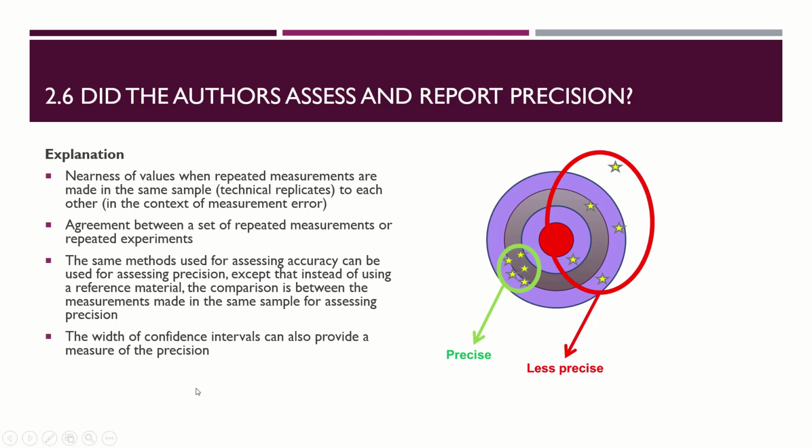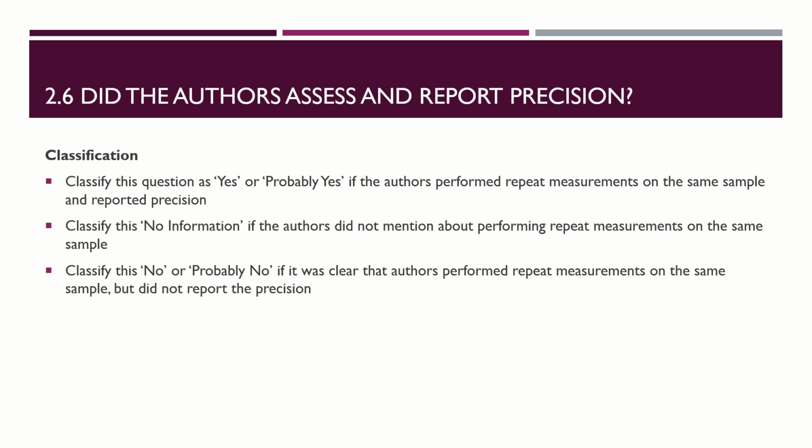Okay. The width of the confidence intervals also provides a measure of precision. So they do lots of measurements and they provide confidence intervals for these measurements that will give an idea of the precision as well. So classify this question as yes or probably yes if the authors performed repeat measurements on the same sample and reported precision.